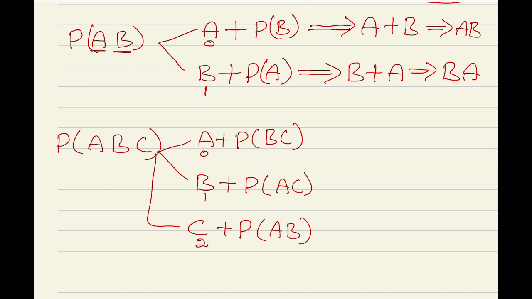Here you can observe, if we are selecting A, then we apply the same method P to BC, and if we are selecting B, then we are passing AC as argument to P. If we are selecting C, then we are passing AB as argument to P. So how are we finding the argument of the sub problem?